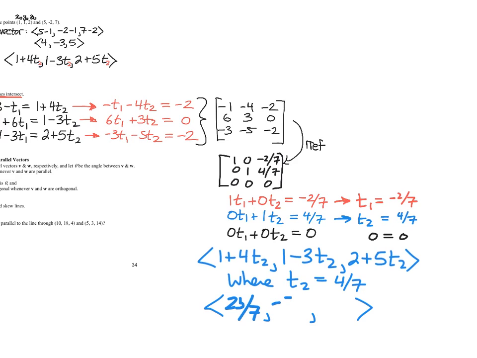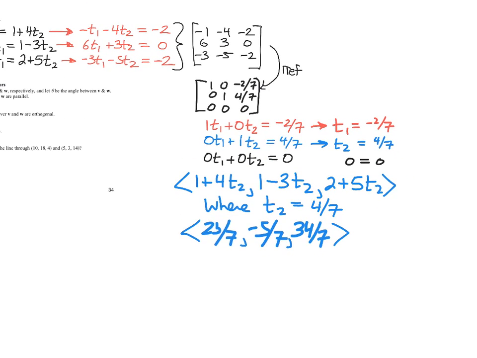Negative 5/7, and then 2 plus 5 times 4/7. Math bracket, 34/7. All right, so intersection exists.